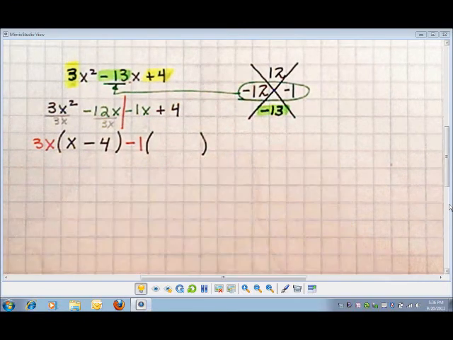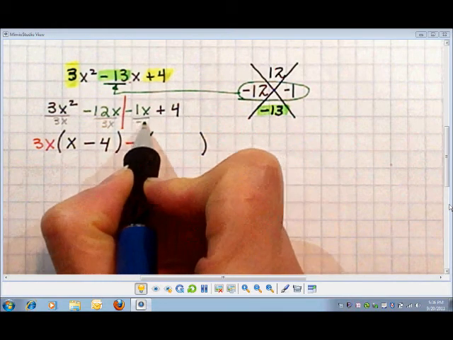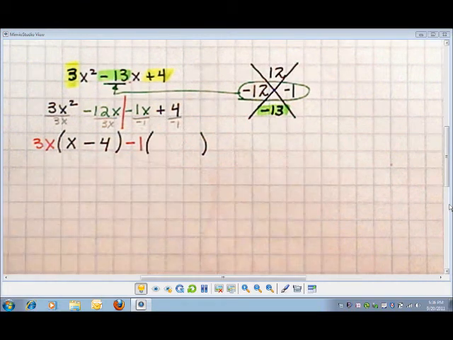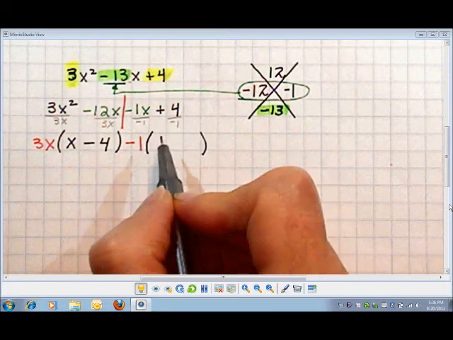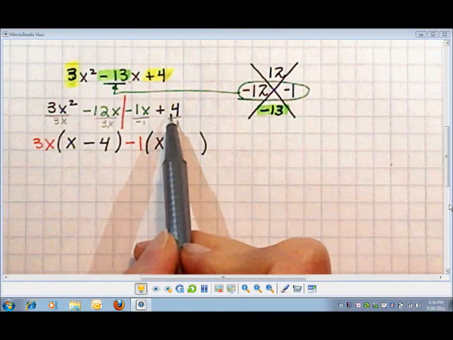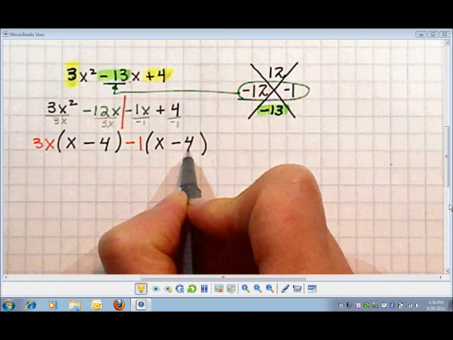So I'm going to have a binomial left after I factor. So just as a reminder, you may want to do this. So I have negative 1x divided by negative 1. So that leaves me with x. And then I have 4 divided by negative 1, which gives me negative 4.